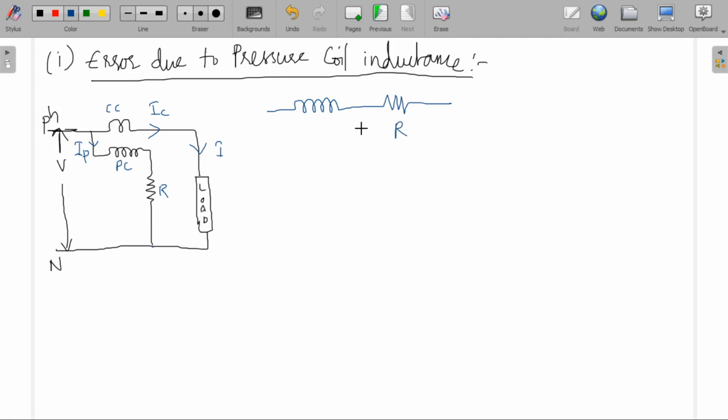This is R, and this pressure coil has resistance as well as reactance. Let Rp be the resistance of this pressure coil, and Xp the reactance of this pressure coil.